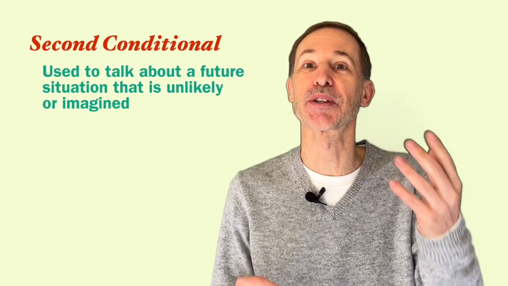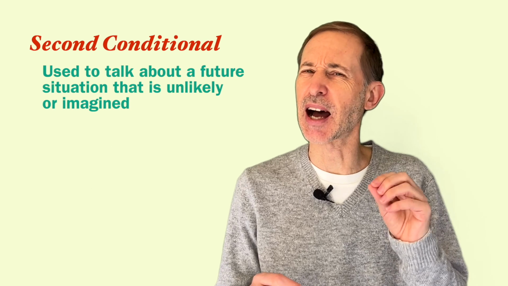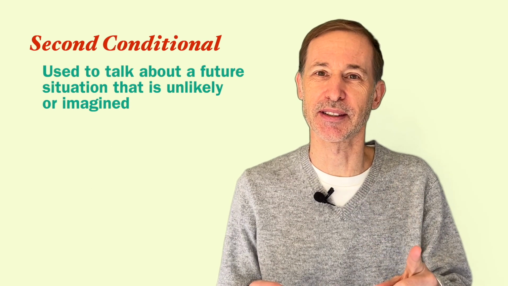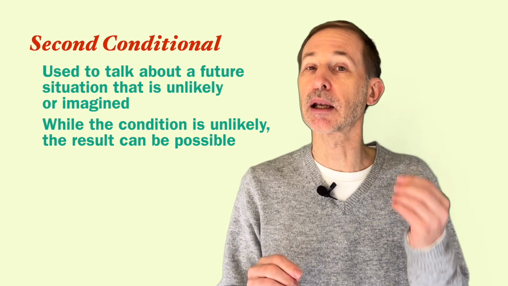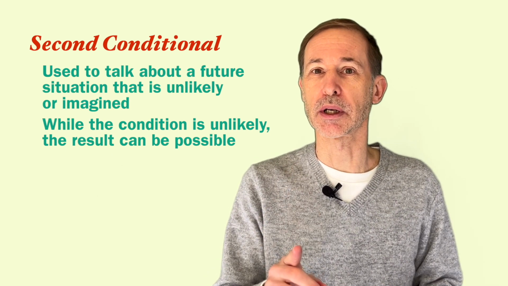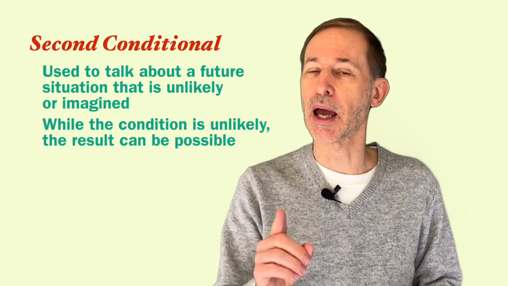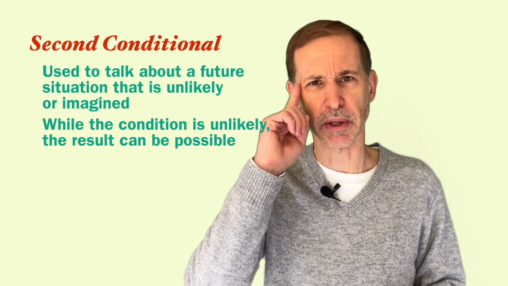Next is the second conditional. And this can be used to talk about a future situation that is unlikely or imagined. While the condition or the if clause is unlikely, the main clause or the result can be possible. So keep that in mind.